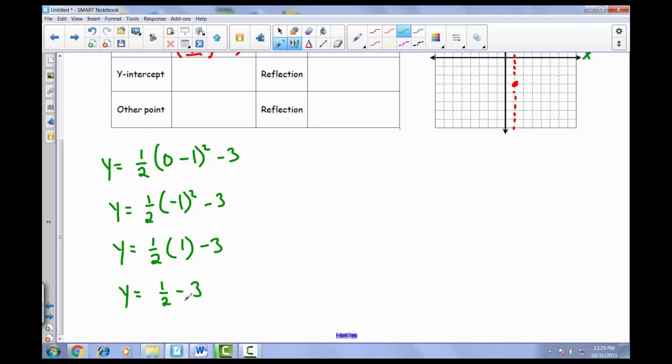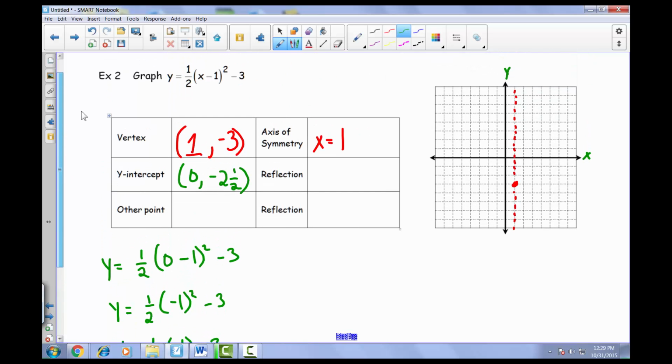And then when you just subtract these two, you end up with y is equal to -2.5. So for our y-intercept, we threw in 0 for x, and it looks like the y value came out to be -2.5. So on our graph, we have 0, -2.5, which is right about here.